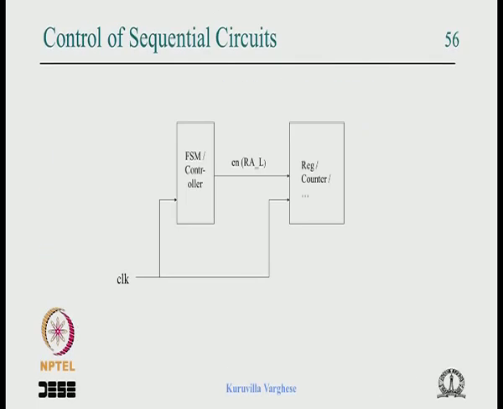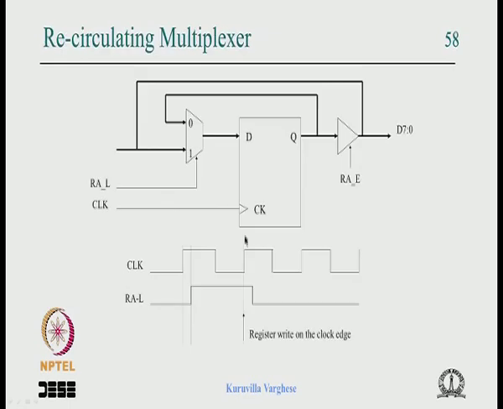We also have seen that in a sequential circuit an FSM controls a register or a counter, and in our CPU example we have seen that it can enable the data path through a recirculating mux. When the enable signal from the FSM is 1, the input goes to the flip flop, otherwise it is recirculated.